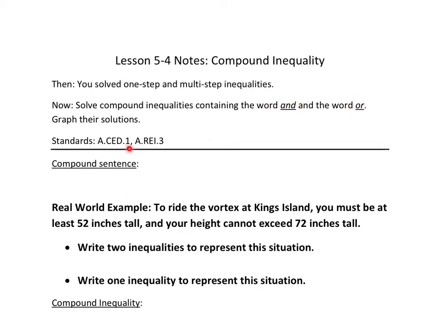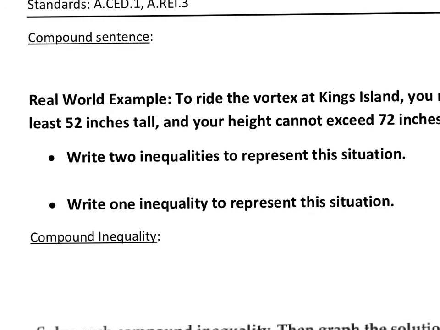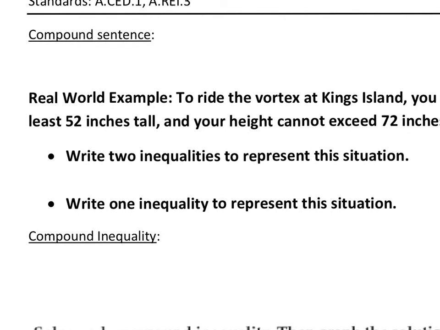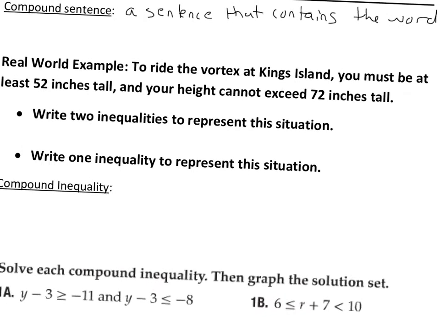All right, so now we're going to go back to English class here, and we're going to solve what's called a compound sentence. Okay, a compound sentence. And a compound sentence, if you recall from English class, is just a sentence that contains the word and or or.